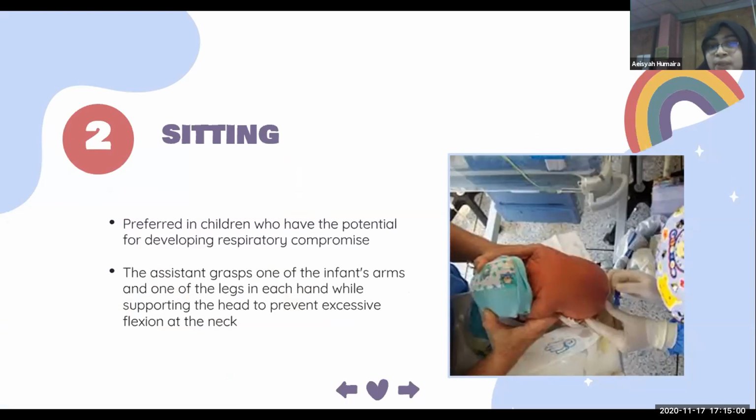The assistant grabs one of the infant's arms and one of the legs in each hand while supporting the head to prevent excessive flexion of the neck. It is good because it improves the flow of the CSF in a small infant. But the sitting position doesn't permit accurate measurement of the opening pressure. So if manometry is necessary, the sitting position should be avoided.